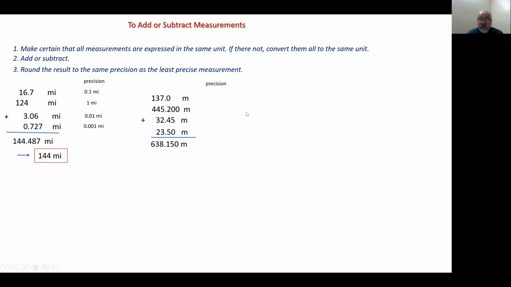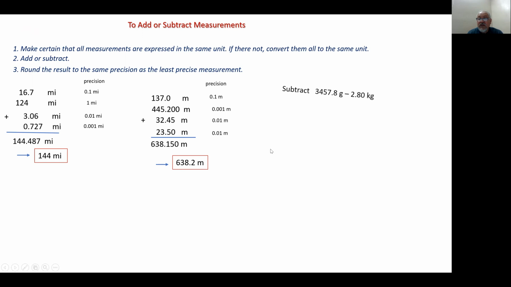Then let's look for precision. These are the precisions for these measurements. What is the least precise? The first one, right? The first one is the least precise, with 1 decimal. This means the answer must have only 1 decimal. Perfect. And what do we have? In this case, it's going to be 638.2 meters. We rounded with this precision.